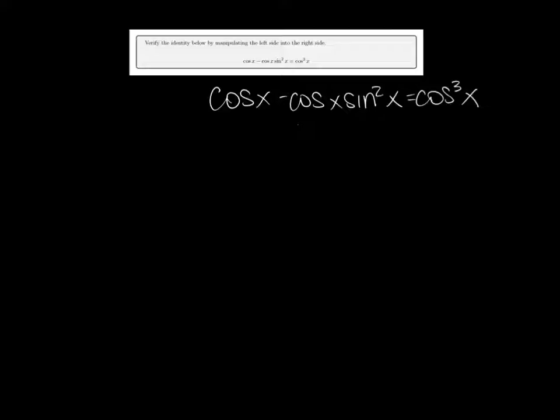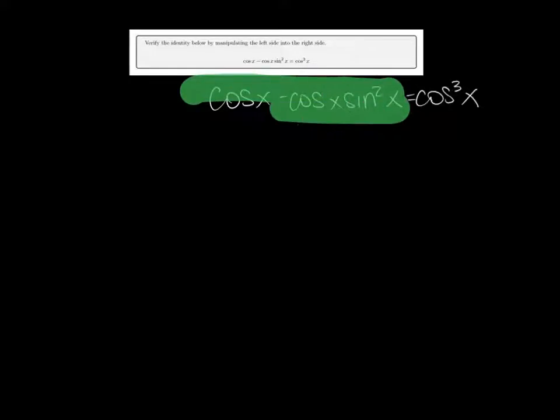The next identity we're going to verify also has a more complicated left-hand side. So we will start with that, transforming it into the right-hand side. So again, we start with the left-hand side, which is cosine x minus cosine x times sine squared x.